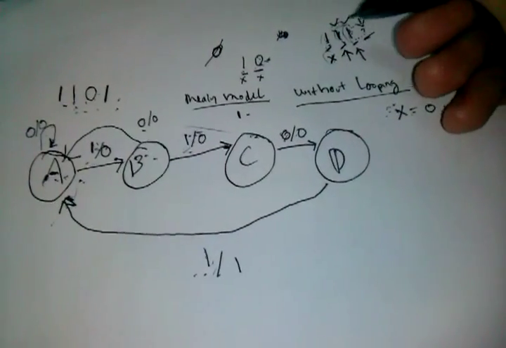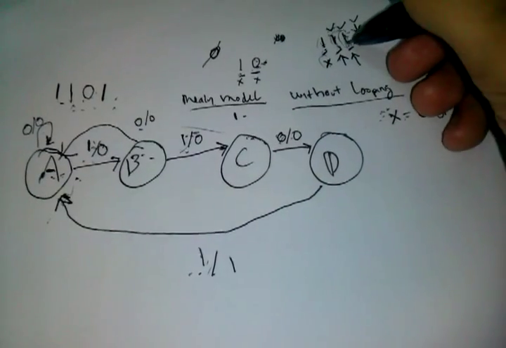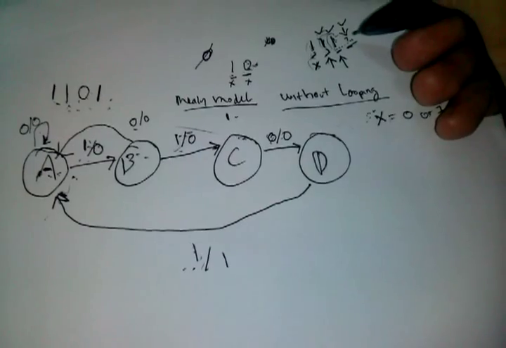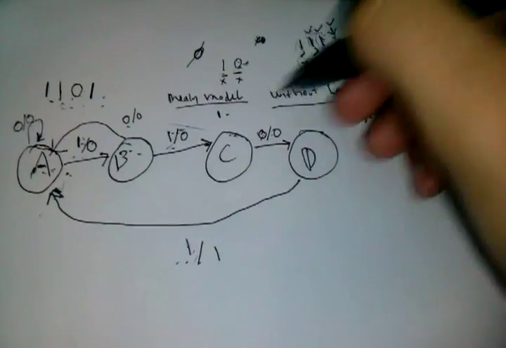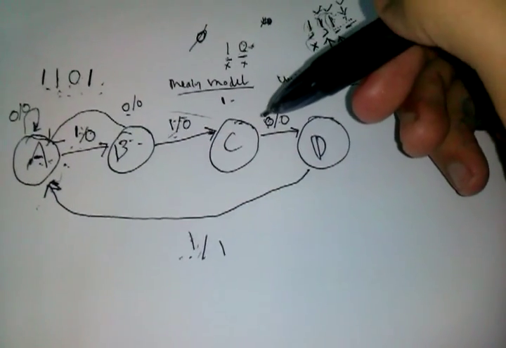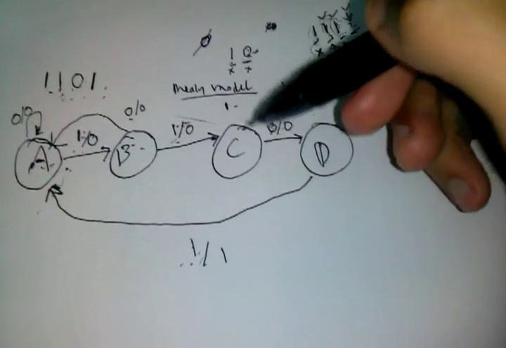Okay, first digit, second digit, third digit. The third digit here we will represent by the state diagram that detects the third digit, and the state that detects the third digit is C, so that's why we choose C.